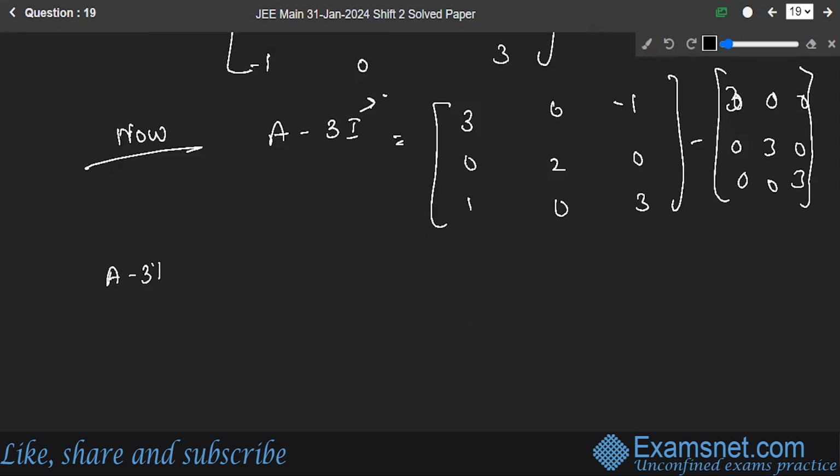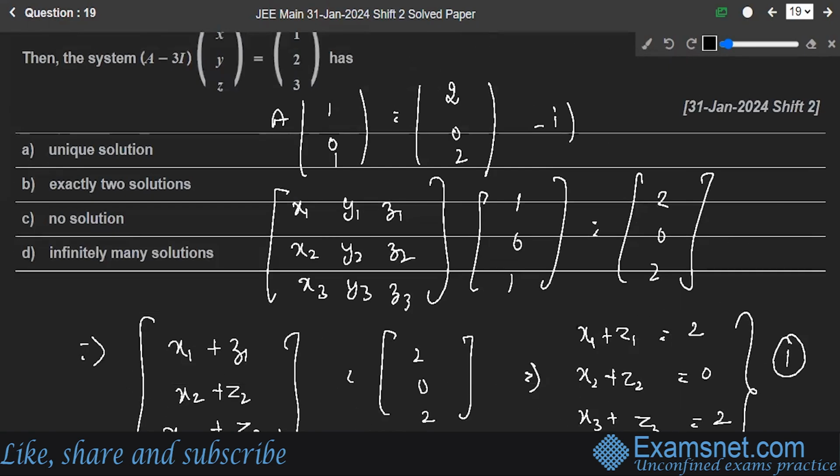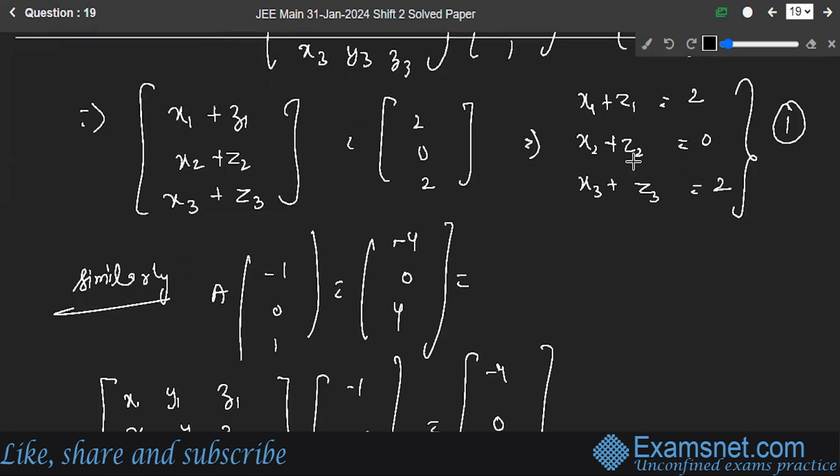A minus 3I, according to the question, A minus 3I into (x, y, z) is equal to (1, 2, 3).